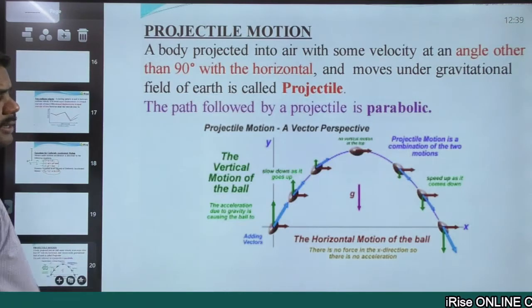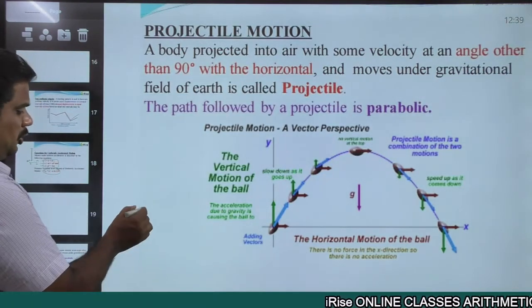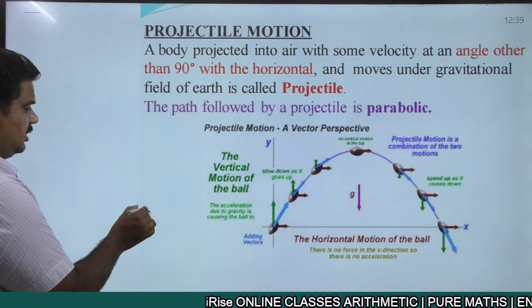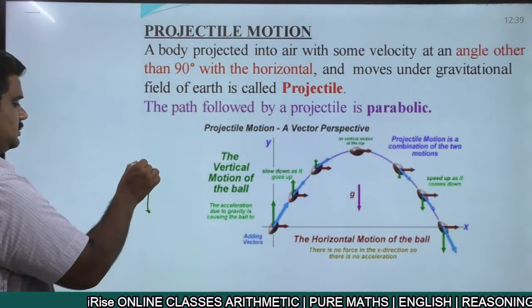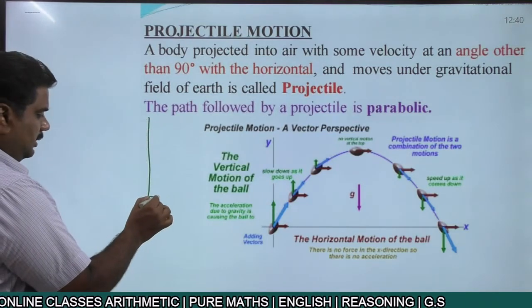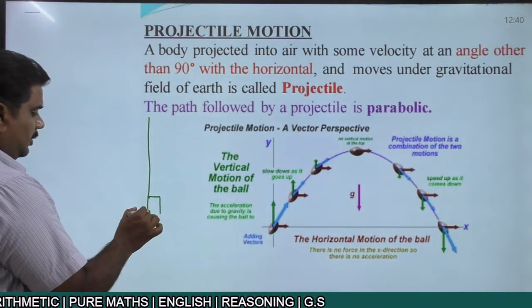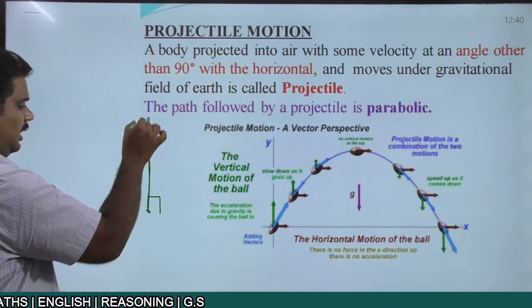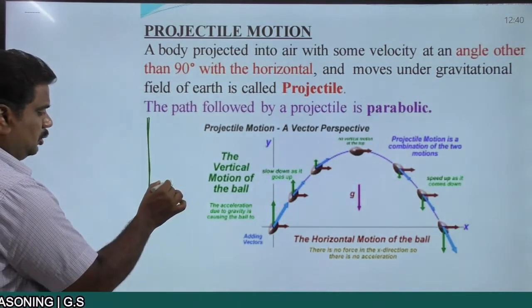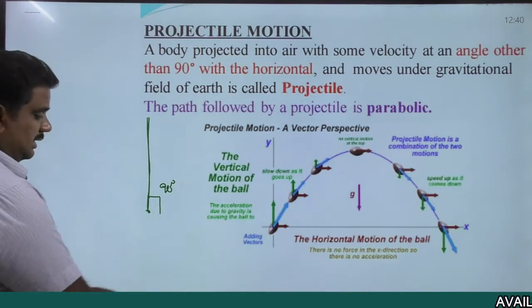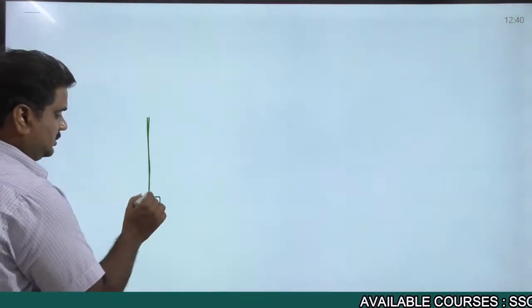Now, the earlier case, when you're talking about a vertically projected object, you're talking about an object which is projected upwards like this. The angle between the vertically projected object and the surface is equal to 90 degrees.